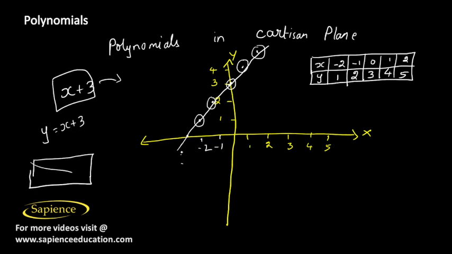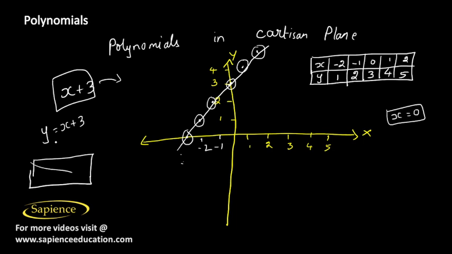Now look at this point. This is the point where the line is touching the x-axis. What is the meaning of x-axis? This line is crossing at -3.